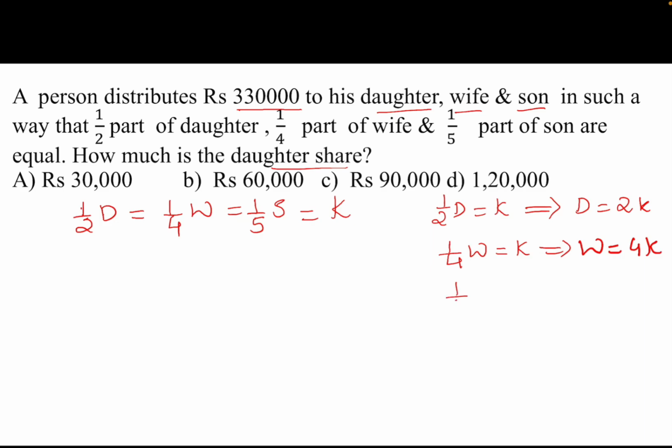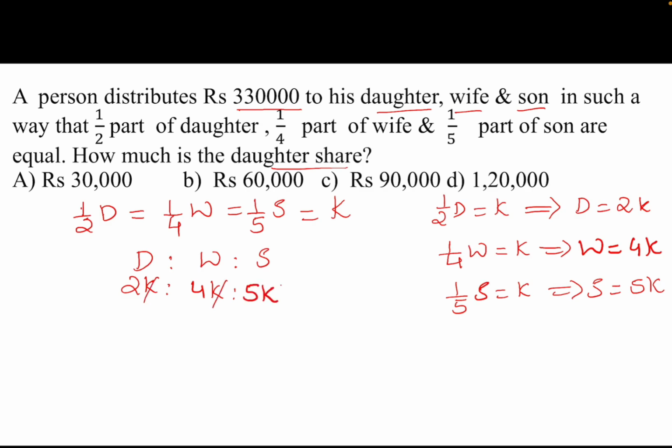Then 1/5 of son is equal to K implies S is equal to 5K. So in ratio we can write it as D is to W is to S is equal to 2K is to 4K is to 5K. K cancels and what remains? 2 is to 4 is to 5.